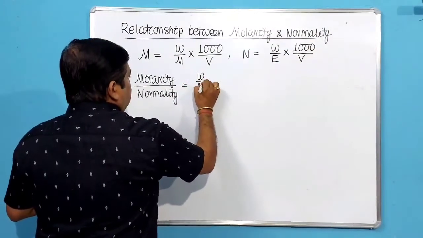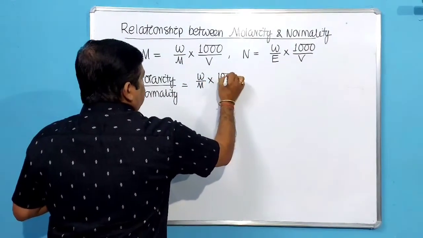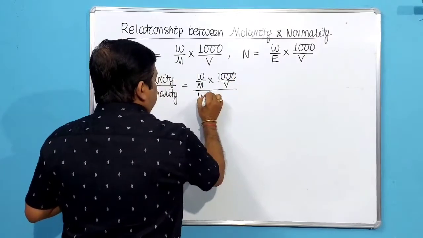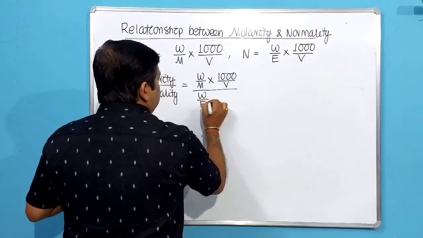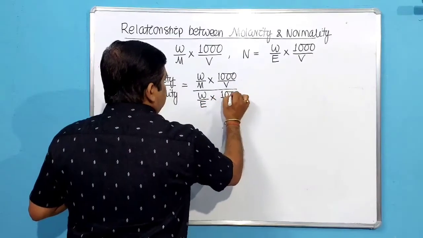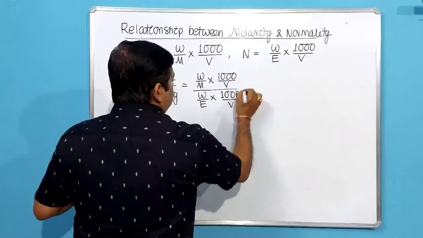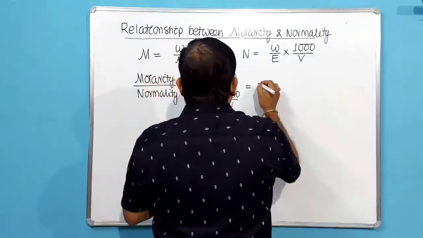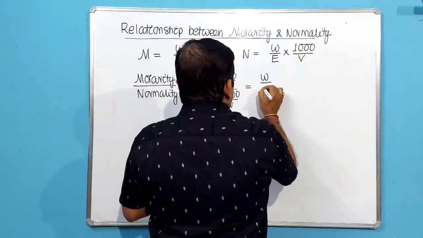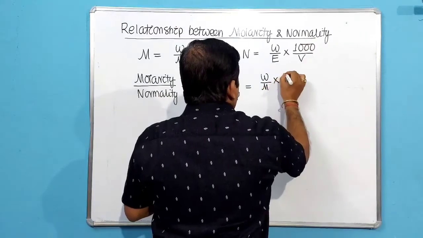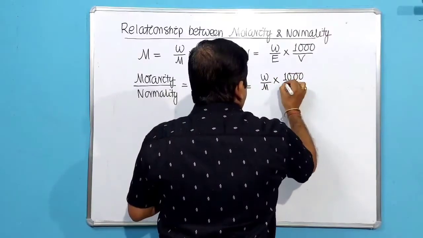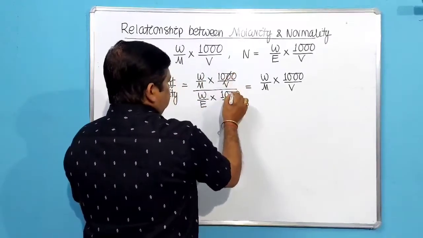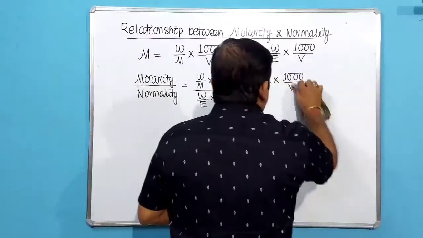W by M into 1000 by V divided by W by E into 1000 by V. Let us cancel out these two, it will be easier for you.